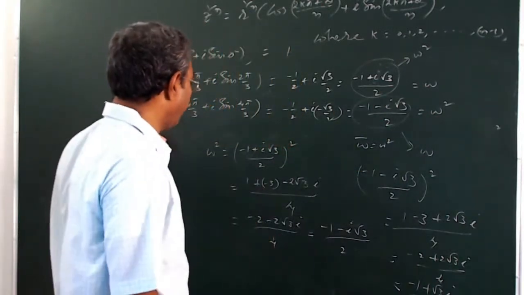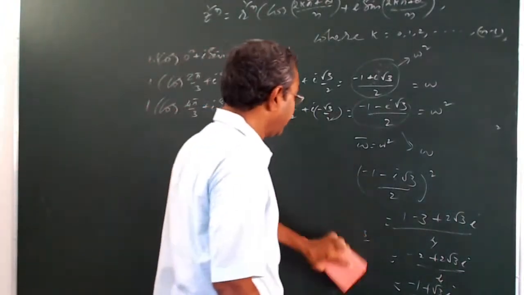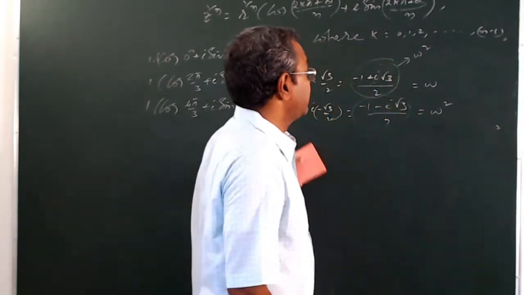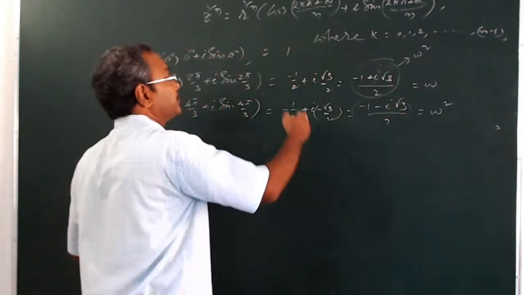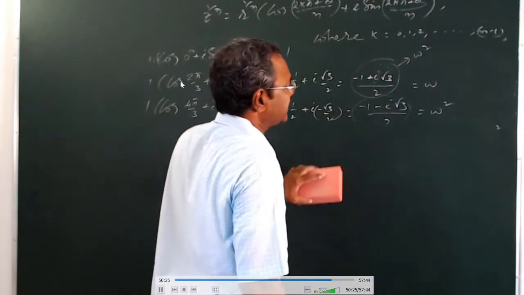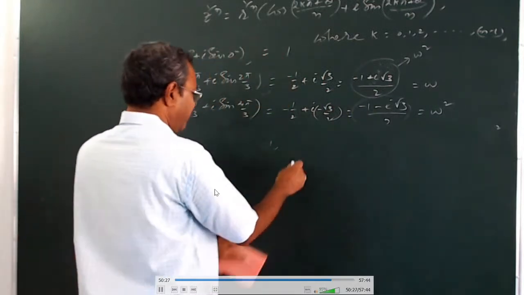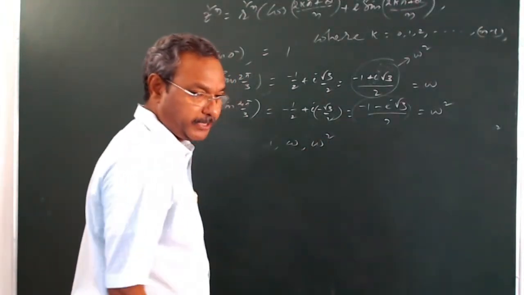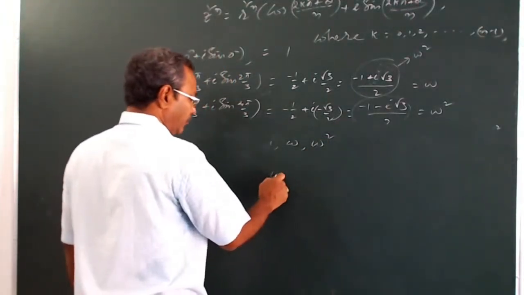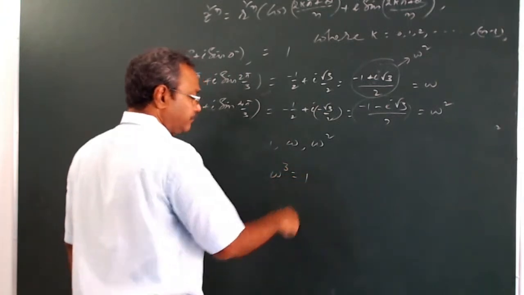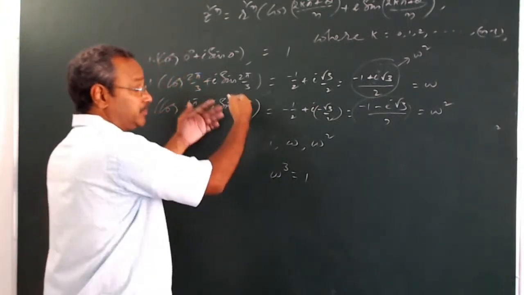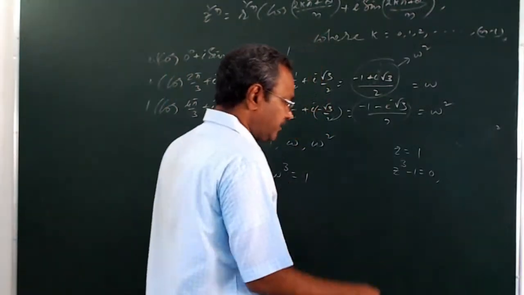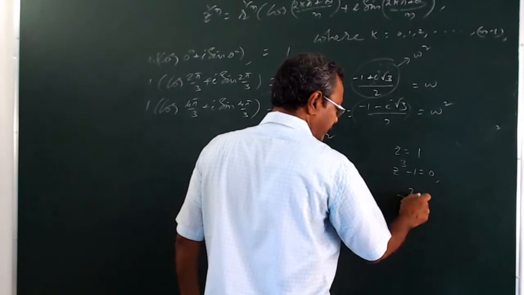Now, there are certain important results regarding these cube roots of the complex number 1, namely 1, omega, omega square. So what are those important properties? The first one is omega cube is equal to 1. Because in other words, you are solving the equation x cube minus 1 equal to 0.